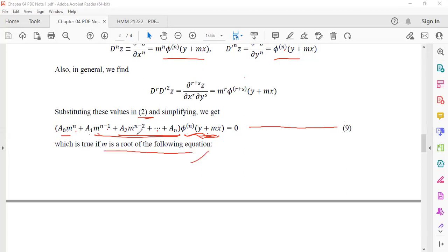If we have something, let's say a and x equal to 0, it will be, if x is not equal to 0, or a is equal to 0 and x also is 0, that's what they say. If m is a root of the equation, it is true.